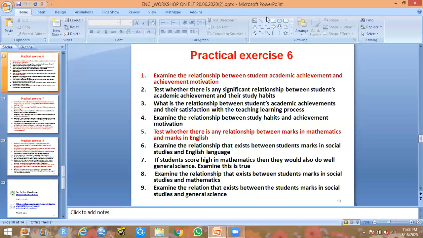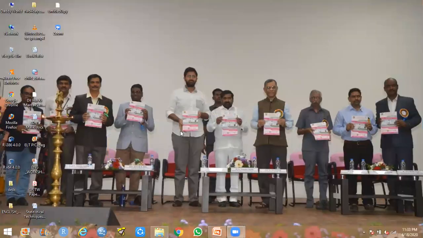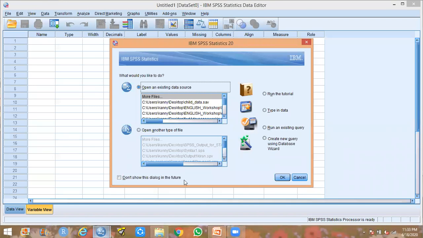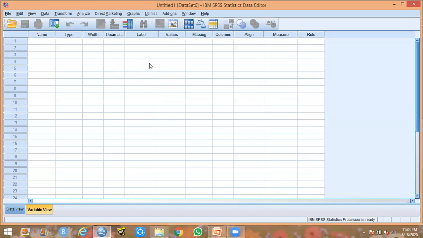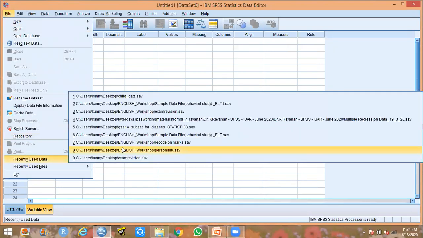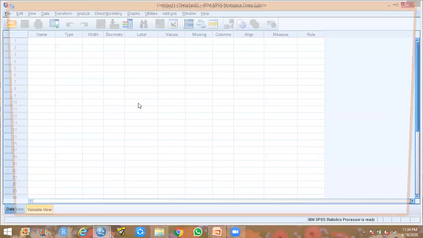I'm going back to my SPSS data file, the data set we extracted in the previous session. Here I'm taking my data file, which was already saved in my SPSS data editor. So that file is this one.